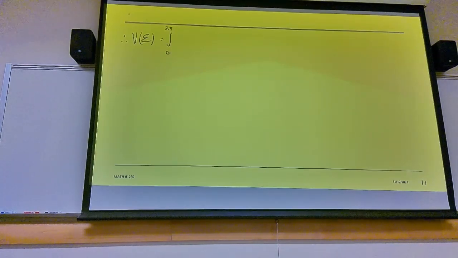And what are we integrating? For volume, 1, dz, dr, d theta. We're trying to find the volume, right? So 1 times r dz, dr, d theta. Yes. And I'll leave this as a reminder.